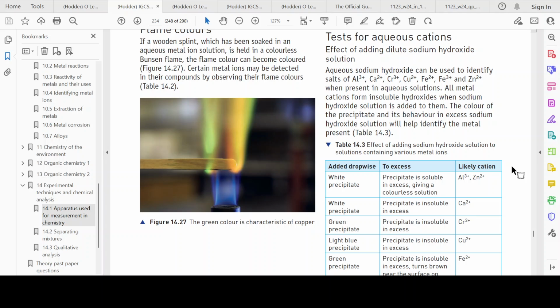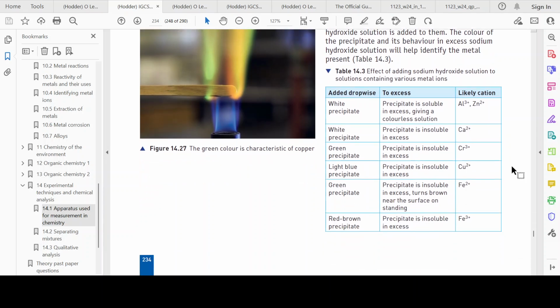So all metal cations form insoluble hydroxides, except for sodium and potassium, and ammonium is not a metal. So obviously you can't use sodium hydroxide to test for sodium itself. The color of the precipitate and its behavior in excess sodium hydroxide solution will help you identify the metal.